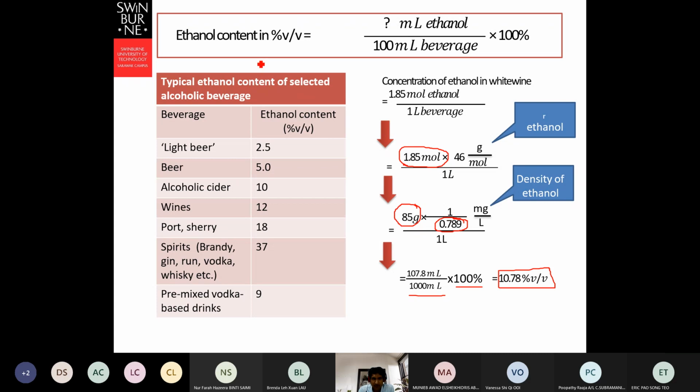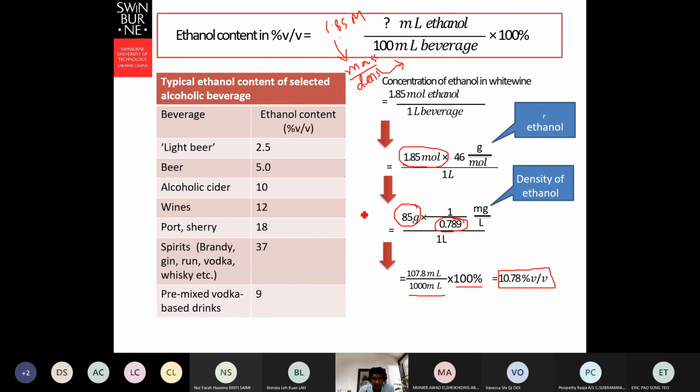So from 1.85 molar of ethanol, we find out the mass of that ethanol, and then from that mass we convert it to milliliter, that is divided by the density.